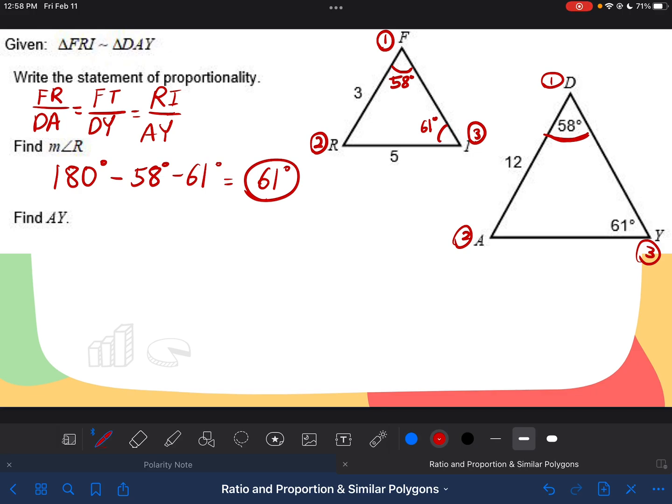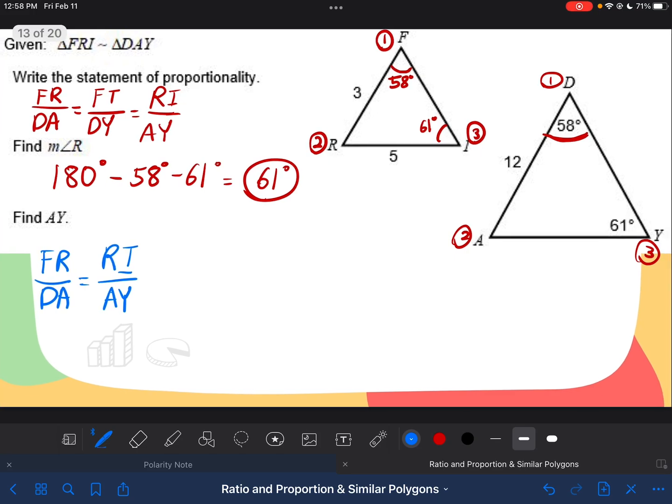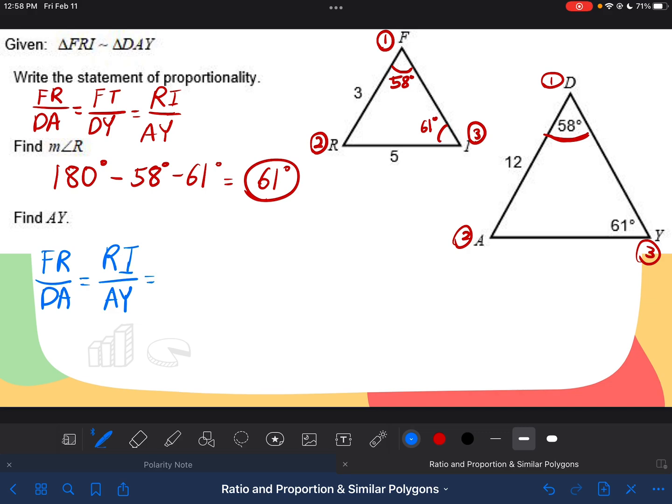So now that we know how to do this, we're going to find AY. We need to first know the scale factor. So I'm going to use FR and DA. And if we're looking at AY, then RI is corresponding to it. If we solve this out, we know FR is 3, and we know DA is 12.